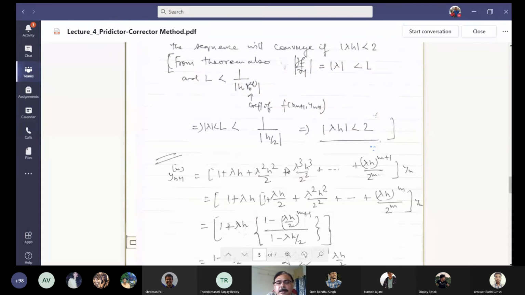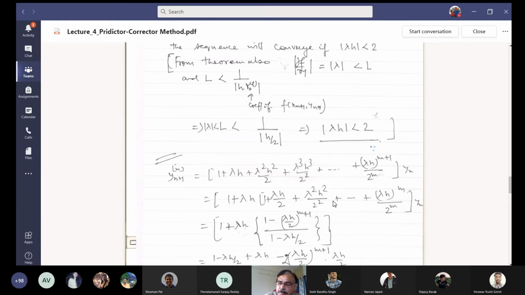A finite number of terms, if added or subtracted, does not matter to a series. So if you continue for m tends to infinity, what will happen? What is the common ratio? Lambda h by 2.